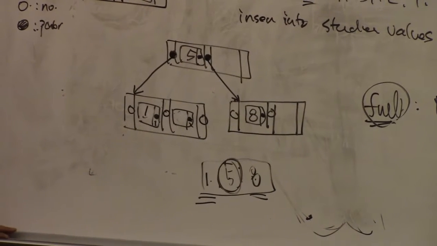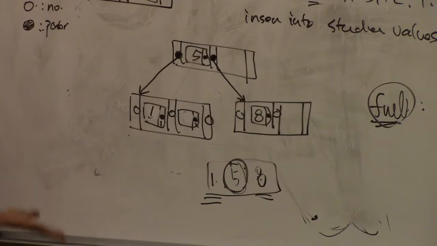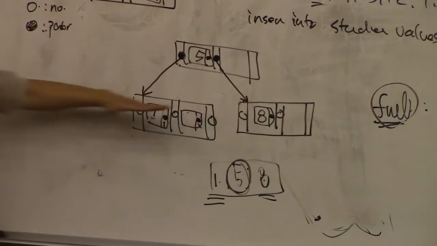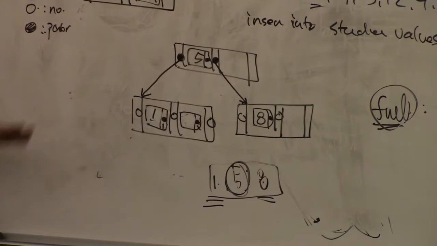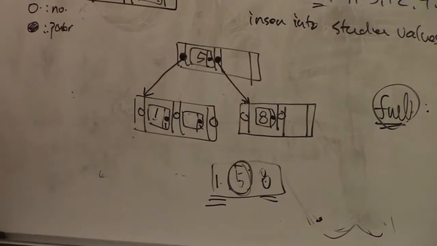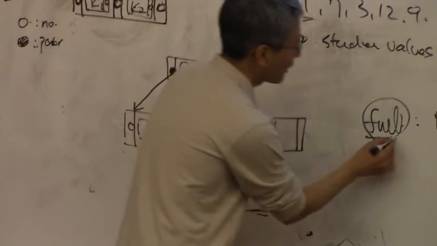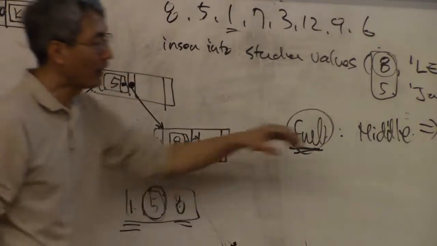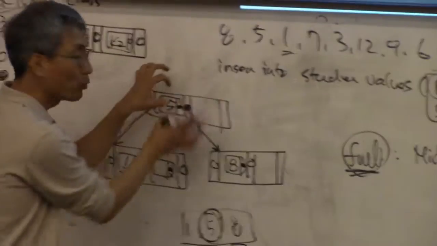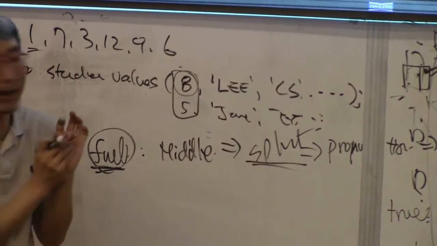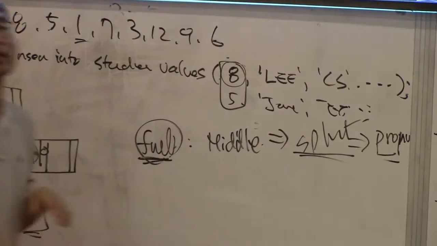Yes, it's still balanced, because it's growing bottom to up. So always based on the leaf node, going up, always the same level. The key part is, in case of full, find the middle value because the middle value will be the parent. Then split based on the middle value, then promote the middle value.